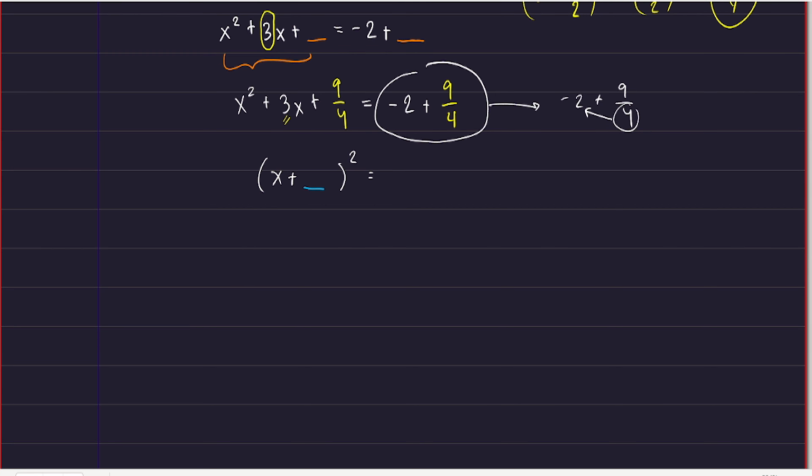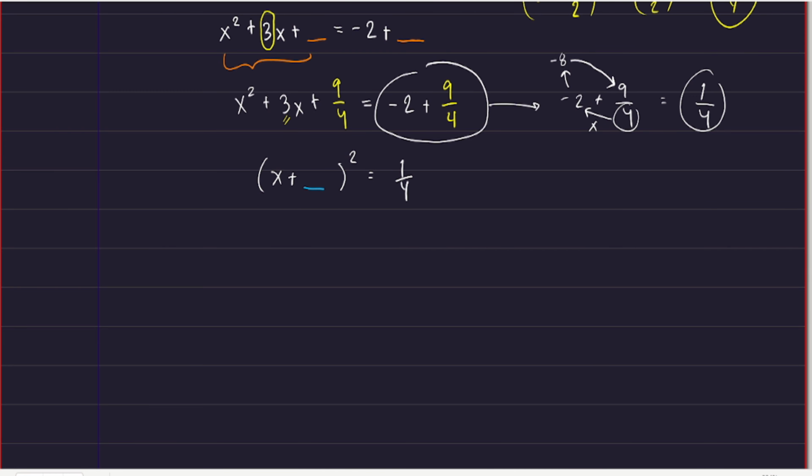So, 4 times negative 2 is negative 8. And then, add sa numerator ng fraction. So, negative 8 plus 9 is equal to 1. Then, copy the denominator, which is 4. So, you have 1/4 ngayon. So, this here is equal to 1/4.